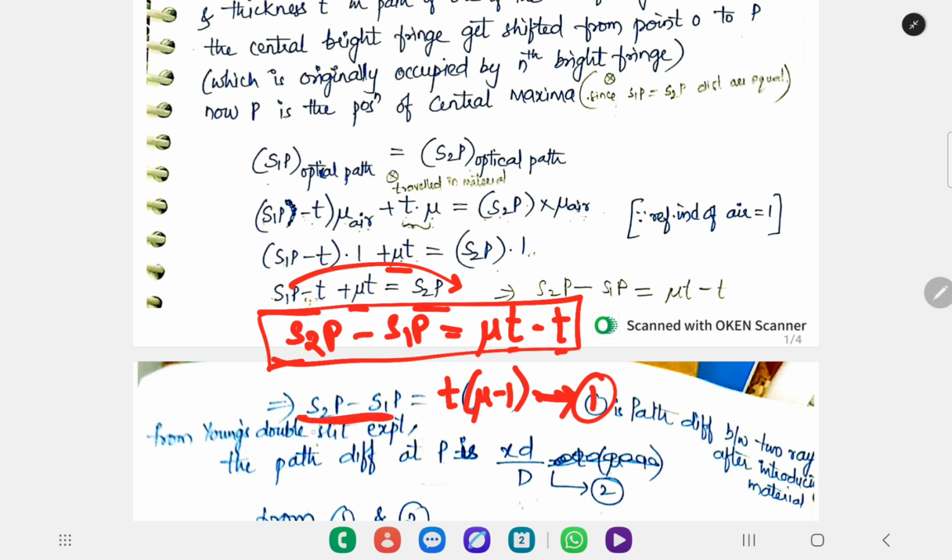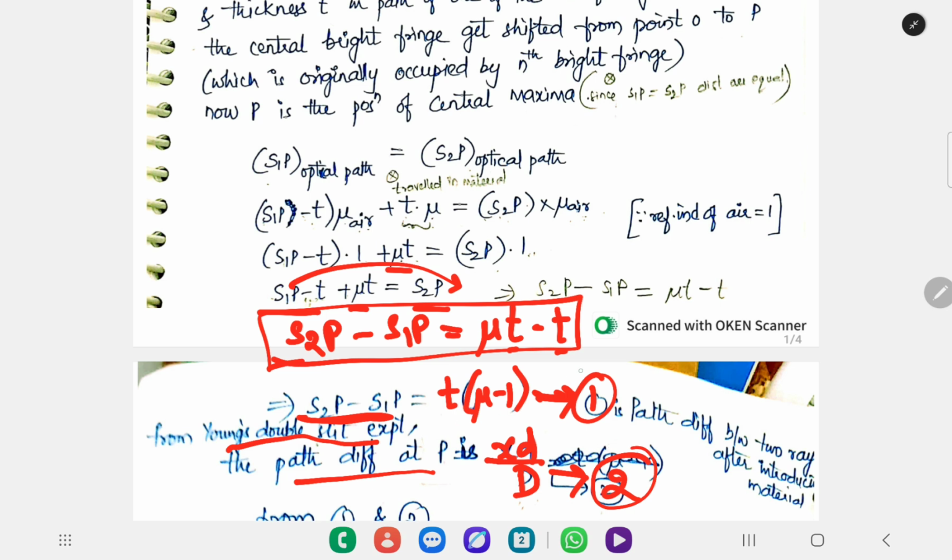This is the path difference between the two rays after introducing the transparent material. Now, from Young's double slit experiment, we know the path difference at P is xd by capital D. Let this be equation number 2.